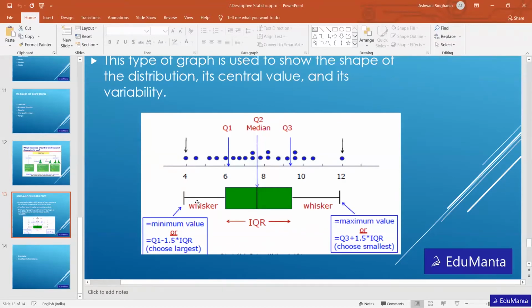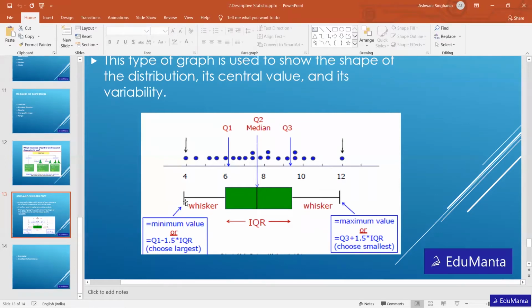Now let's come to whiskers. Whiskers basically consist of all the data which is beyond Q1 and Q3. Any data below the Q1 value will be represented on the left tail, and any data above Q3 will be on the right tail.